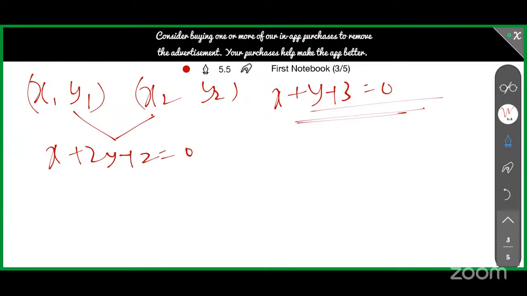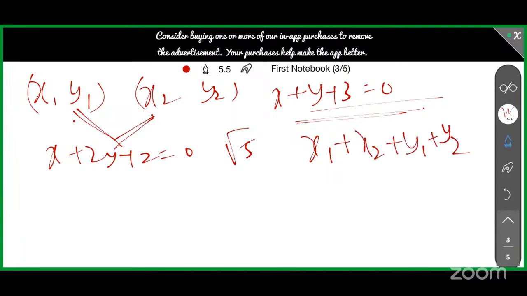On this line, we have got 2 points, x1 comma y1, x2 comma y2. Another condition is that the distance of each point to the line x plus 2y plus 2 is equal to 0 is root 5. Given this, find the value of x1 plus x2 plus y1 plus y2.